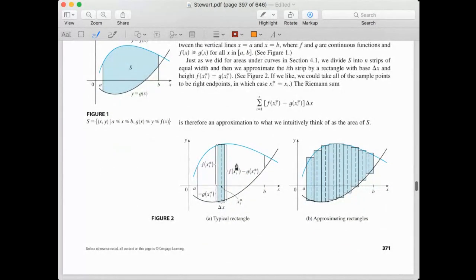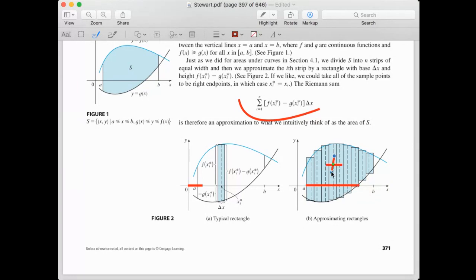The idea will still be the same, the Riemann sum. We still do a finite sum. We're going to evaluate all those top rectangles by summation, because this is above the x-axis, a positive value.